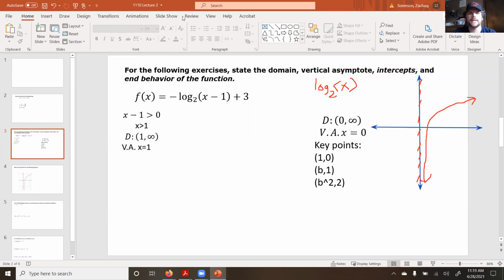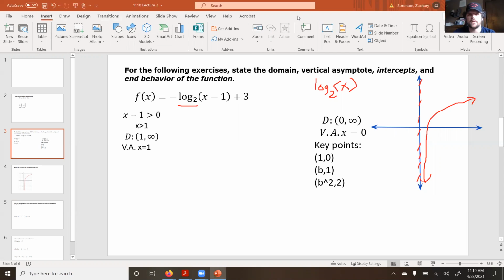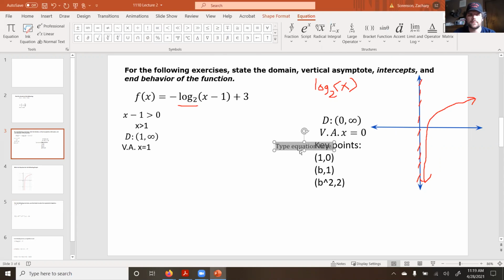Okay, my key points for this graph. My parent function is log base 2, so my 2 key points are going to be 1, 0.